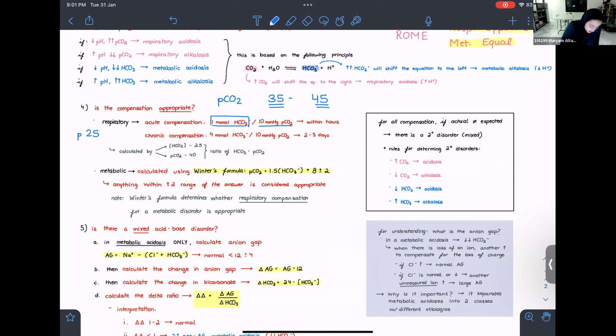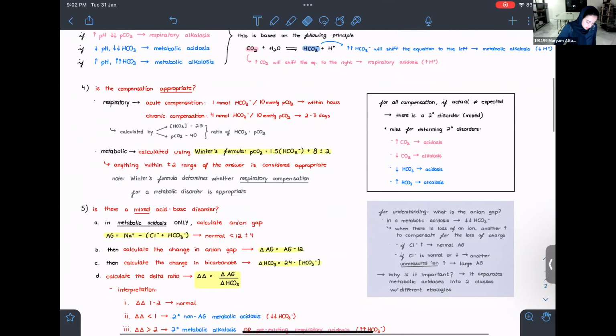And the reason you have chronic compensation higher is because here the kidneys start to play a role. They start to create and reabsorb more bicarb in order to compensate for the acidosis. So let's say this patient has chronic hyperventilation for one reason or another, or hypoventilation, same thing. Okay, this is going to become clear to you guys when we do practice questions. I just wanted to emphasize it here. And I sent you guys all of the document details as well. So when we do practice questions, you can keep this alongside you in order to better understand everything that's going on.